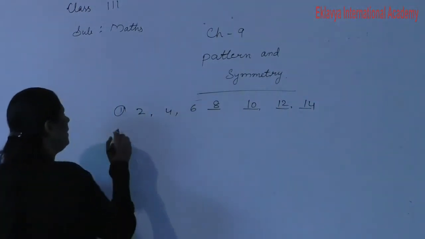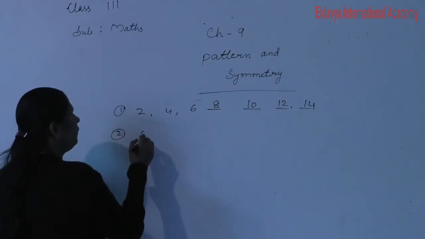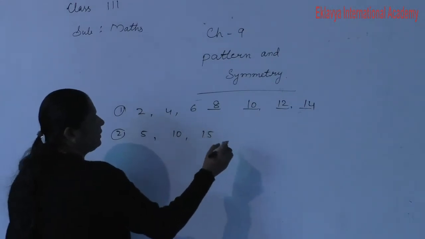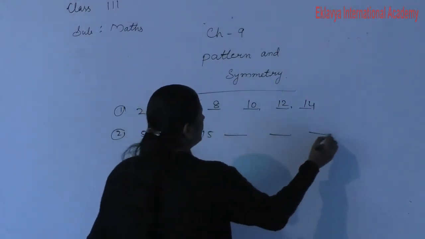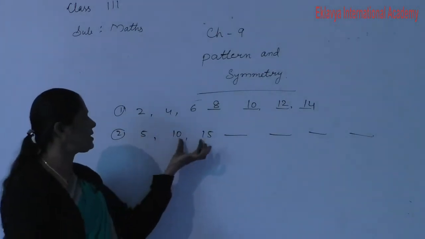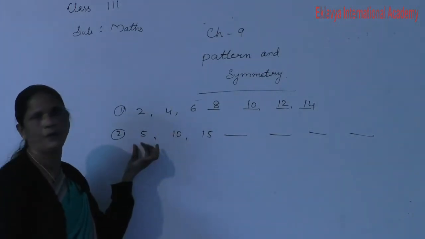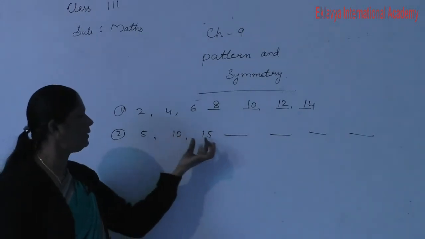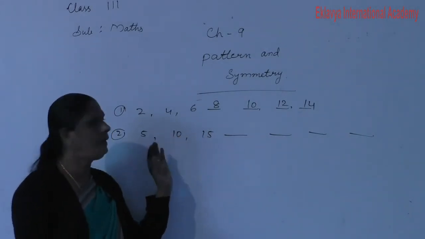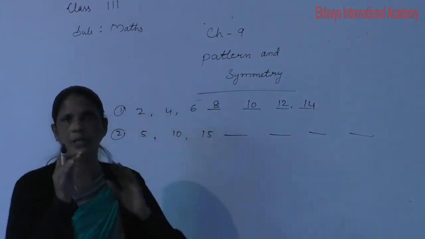Then second, here you look: 5, 10, 15, then here this blank. The difference between 10 and 5 is 5. The difference between 15 and 10 is 5. We add 5, the table of 5.